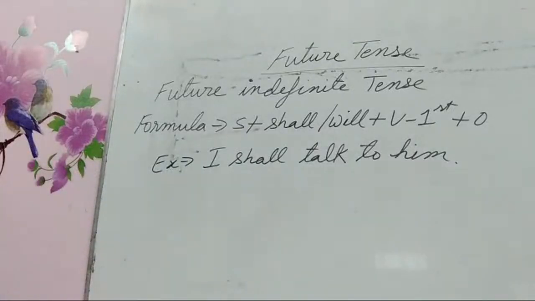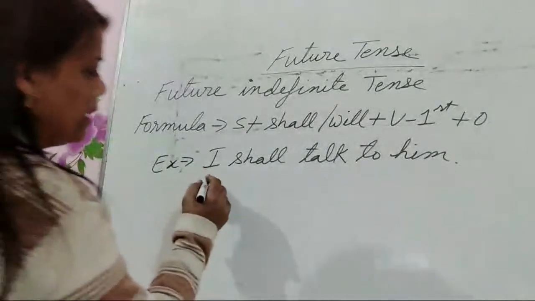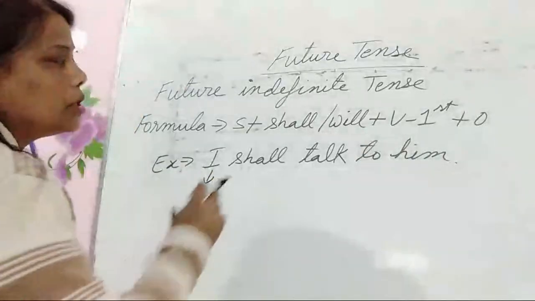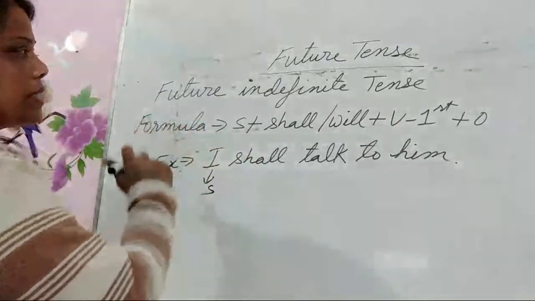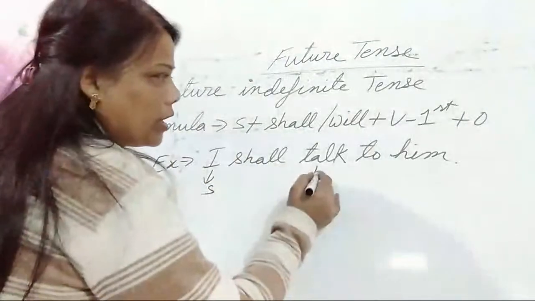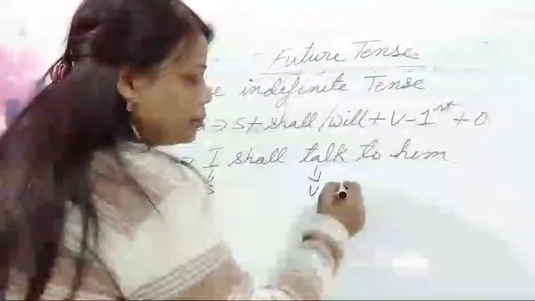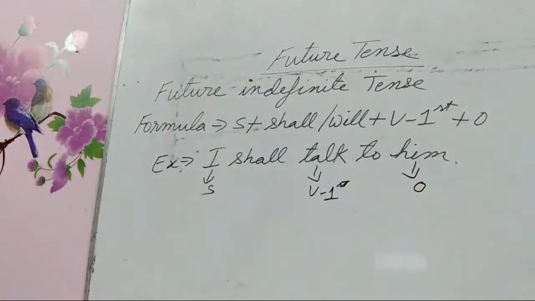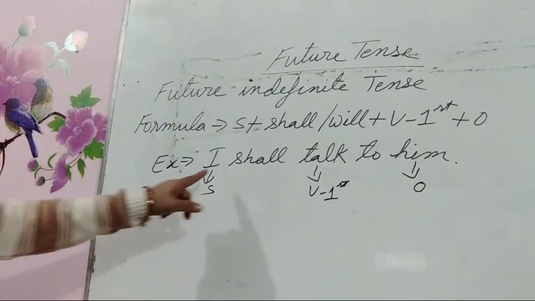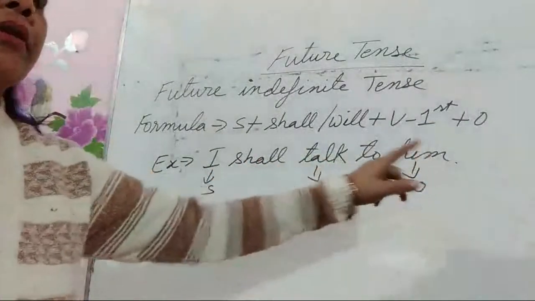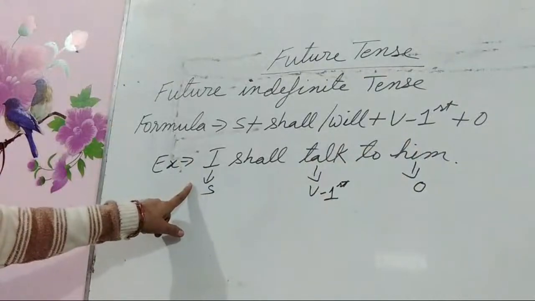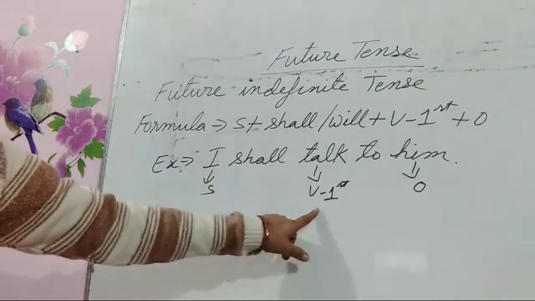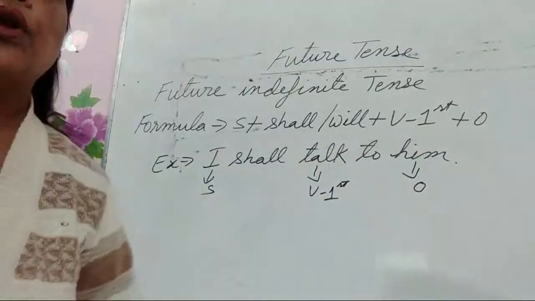Here you can see I is the subject, shall, we are using shall because it is the future indefinite tense, talk is the verb of first form and him is the object.